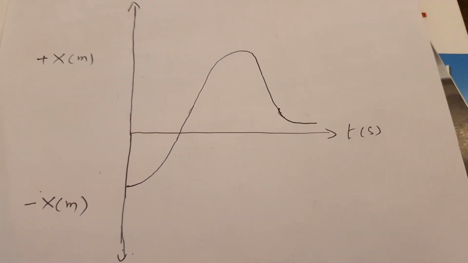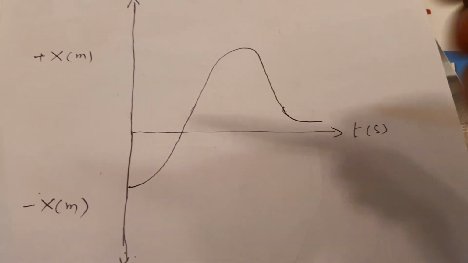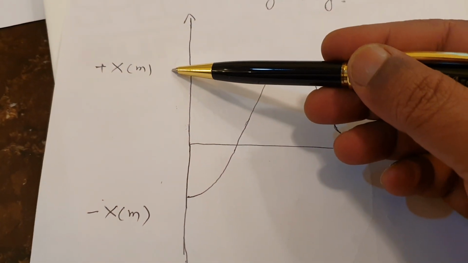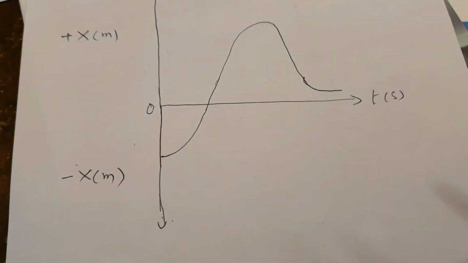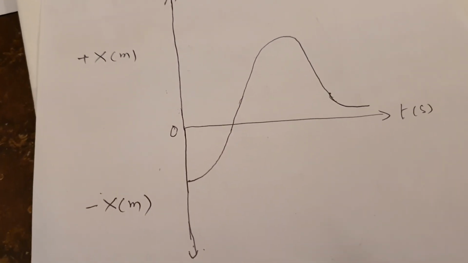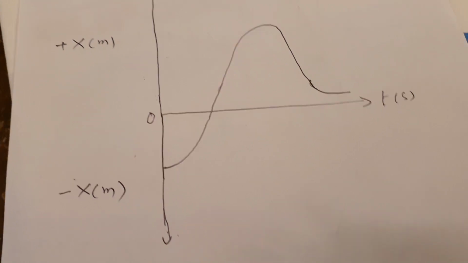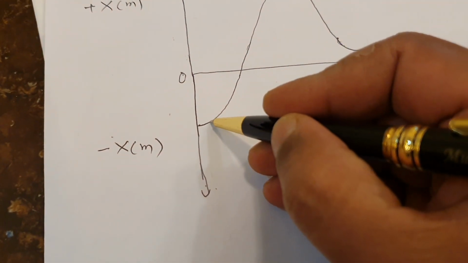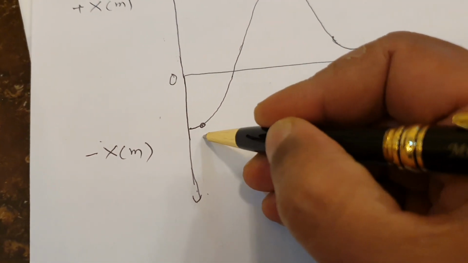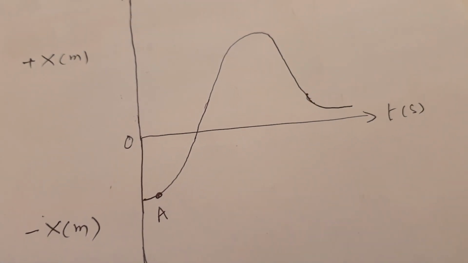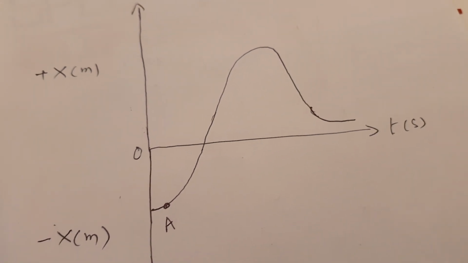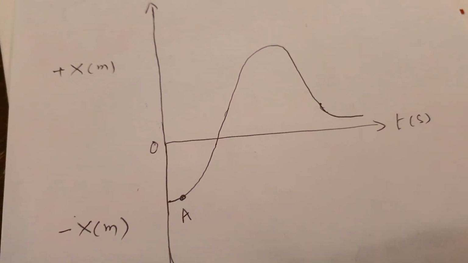I have a position time graph. Again, we have positive displacement, negative displacement. This is origin. So you have to describe the position of the object at this point. This is point A. And remember, it's not a region, it's not a straight line, it's just a single point.